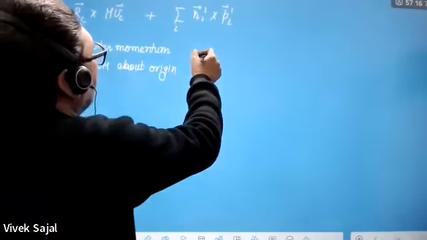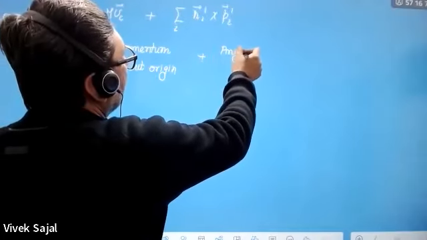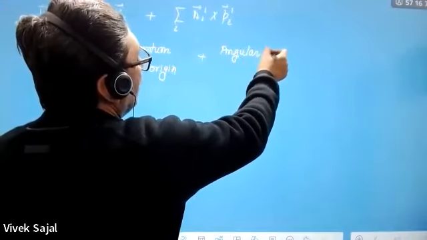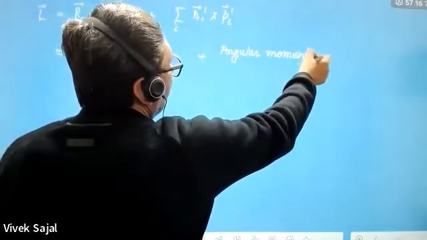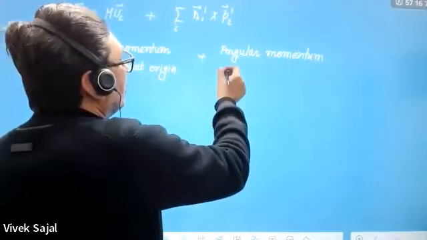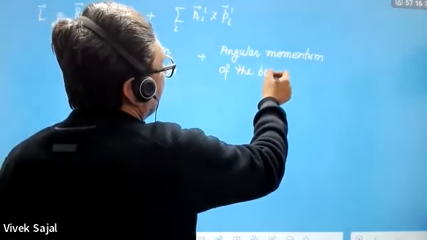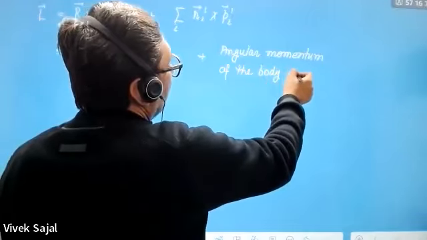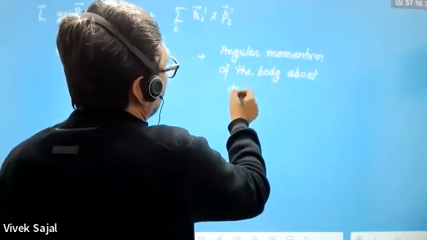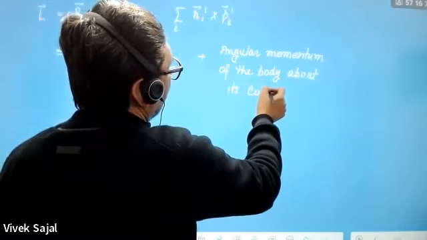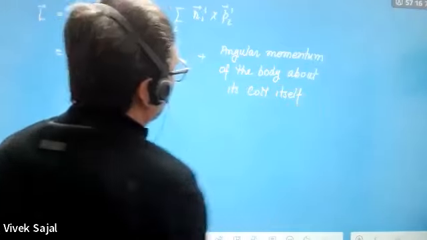So plus, this is angular momentum of the body about its center of mass itself. ठीक है?